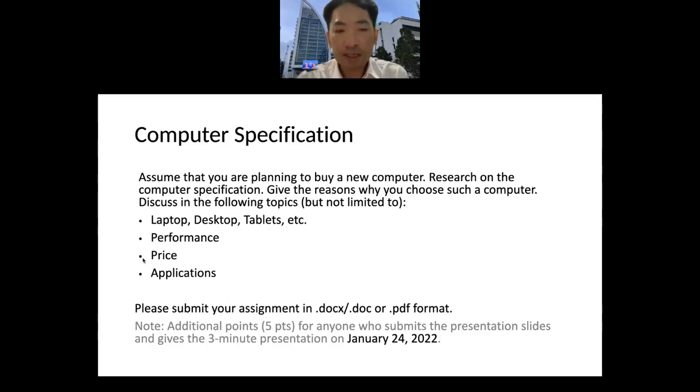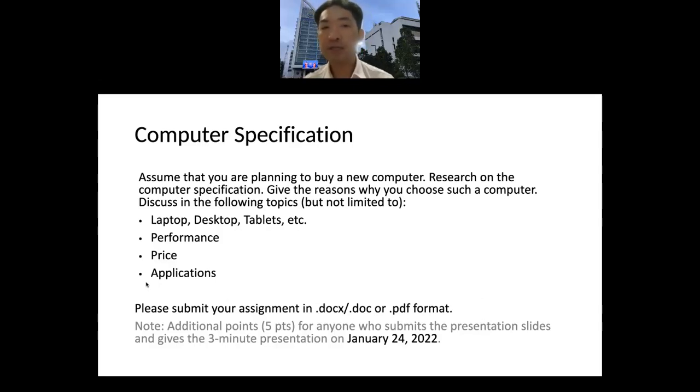And you can discuss that you prefer this machine because you use this kind of application a lot. For example, you spend lots of time gaming, so you prefer gaming laptops, for example. And you may want to have a desktop with a GPU because you use a lot of graphic applications.